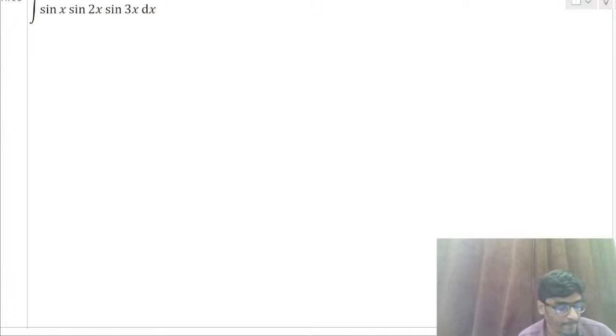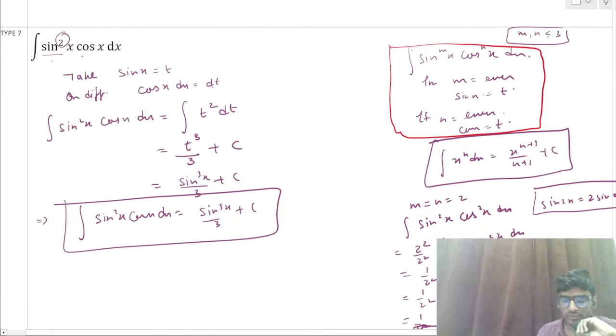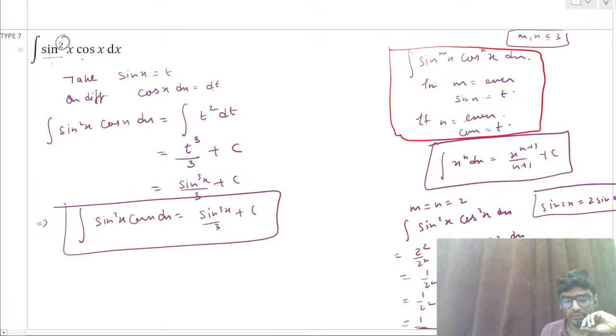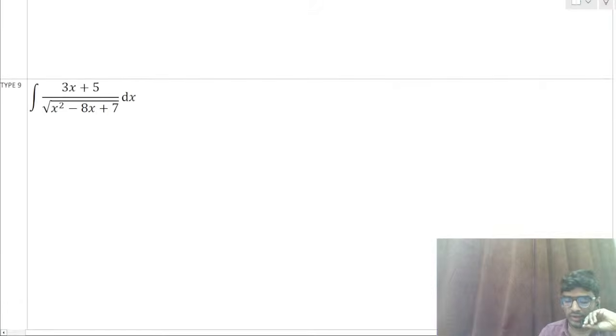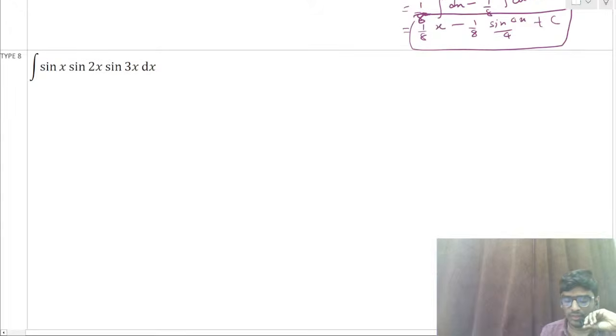Okay, done. In the previous question we had a trigonometric ratio in a power, like sin square x cos x. Now here, in this trigonometric ratio, we have multiples of angles, sin x, sin 2x, sin 3x.